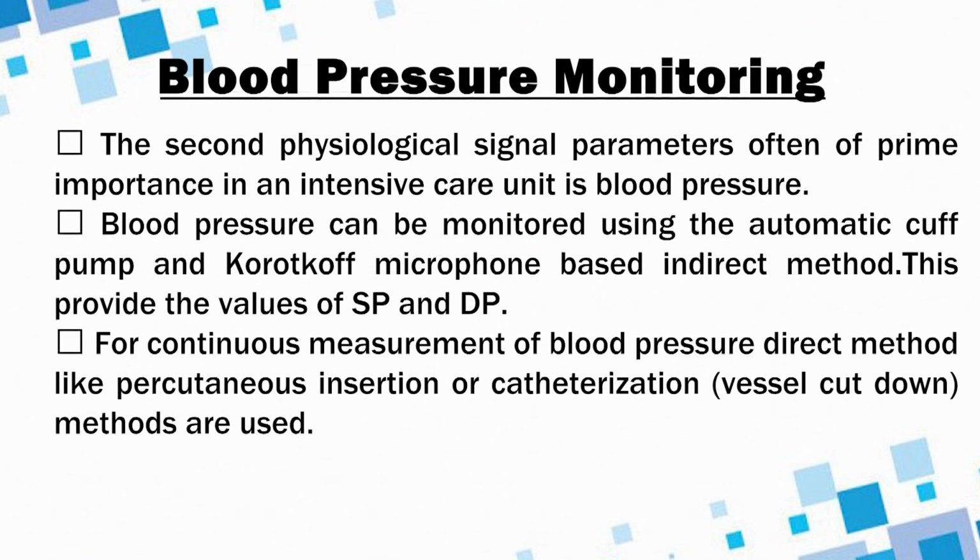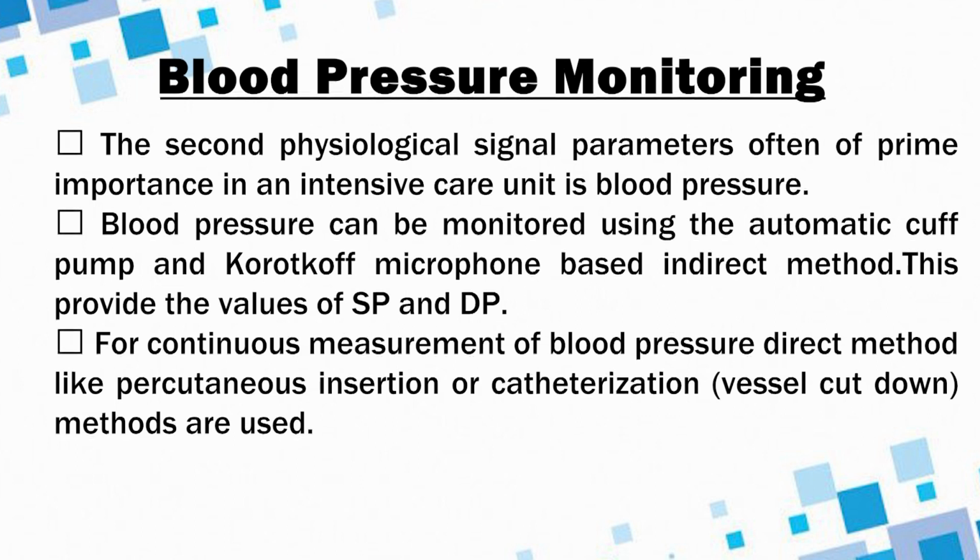The second physiological signal parameter often of prime importance in an intensive care unit is blood pressure. Blood pressure can be monitored using the automatic cuff pump and Korotkoff microphone based indirect method.